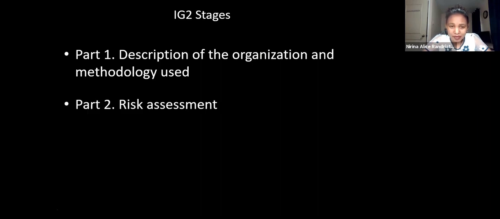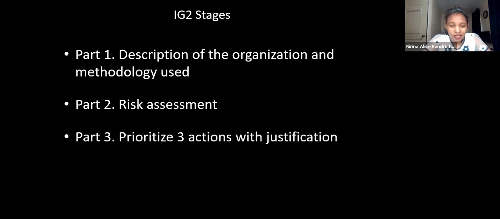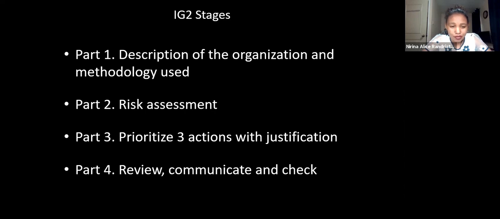Part 2 is the risk assessment table, where you need to identify a specific number of hazards, a minimum of 10 hazards, that should cover at least 5 categories. Part 3 is where you need to select 3 actions, and you need to justify why you selected those 3 actions using arguments such as moral, legal, financial, likelihood and severity, and how effective the controls will be. And Part 4 is a review. When should the risk assessment be reviewed? Communication: who needs to know the risk assessment and how we're going to communicate it.